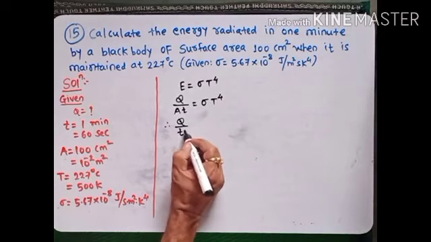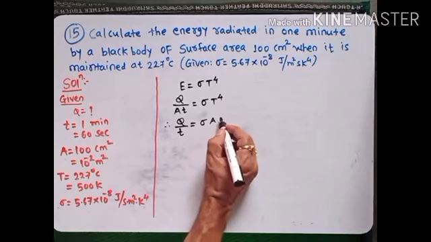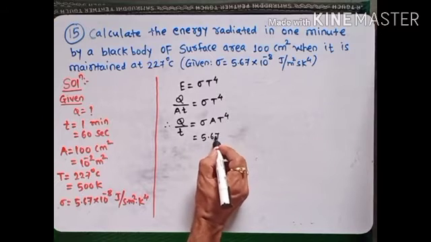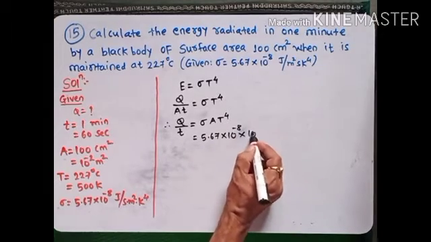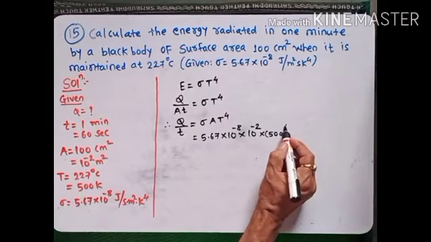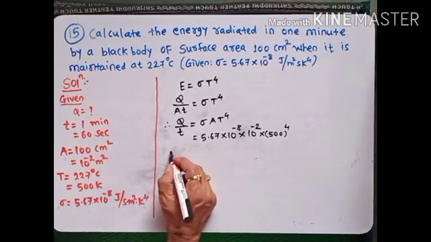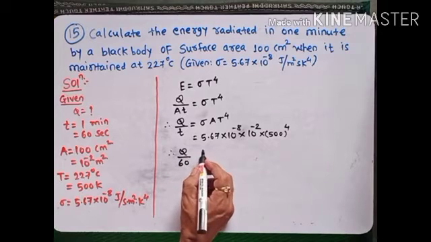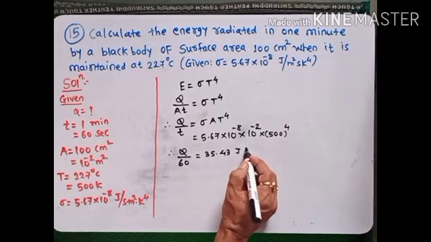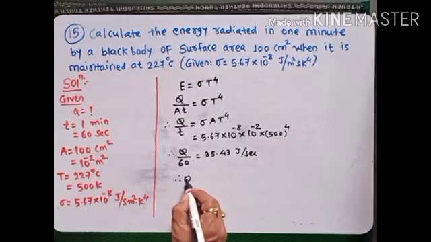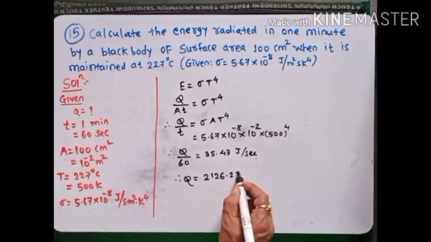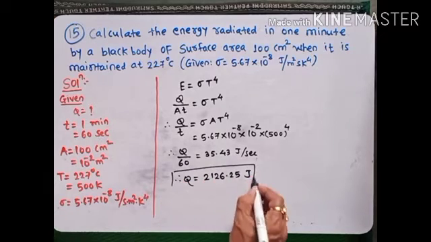Therefore Q upon t equal to sigma A T raised to 4, which is equal to 5.67 into 10 raised to minus 8 into 10 raised to minus 2 into 500 raised to 4, and therefore Q upon 60 seconds equal to 35.43 joules per second, and therefore Q equal to, we multiply by 60, then we get 2126.25 joules. This is our answer.